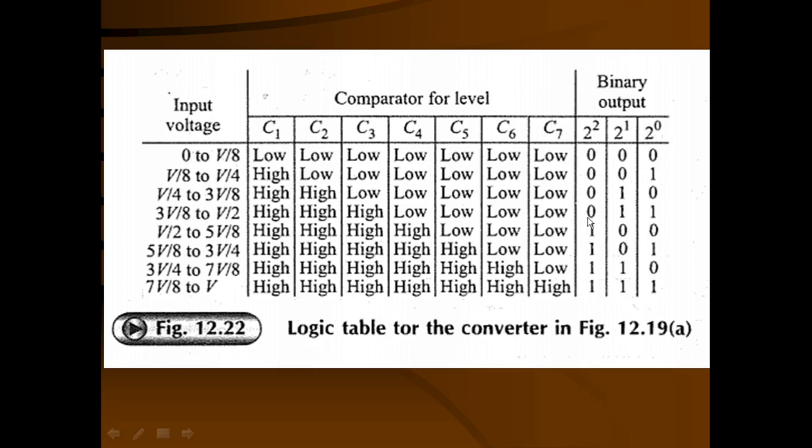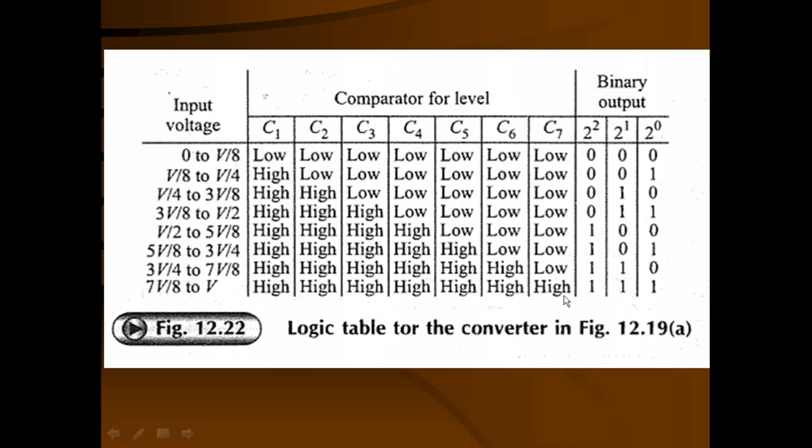Next, when it is supposed to be high, you can see this line: C3 is high and C4 bar is high. Then you require the 2 raised to 0 flip-flop bit output to be high. Then here, C5 and C6 bar high means the 2 raised to 0 flip-flop has to be set.